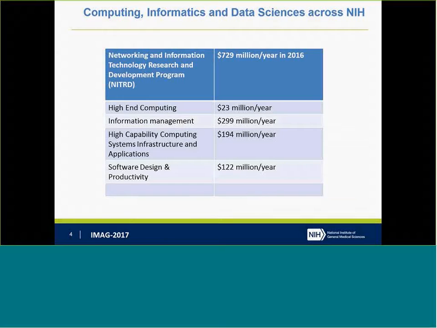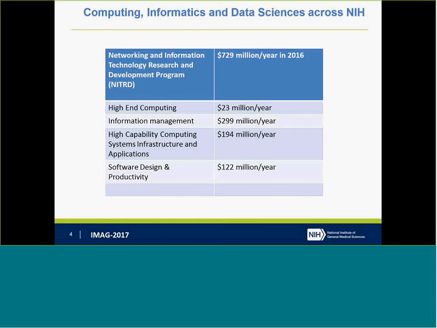So what is NIH spending writ large in computing, informatics, and data science? In 2016, we spent about $730 million of our $31.3 billion budget in a number of computing, informatics and data science areas, including high-end computing, an enormous amount in information management, which would include all of our big data and data sciences, and infrastructure and applications of software and in software design and productivity.